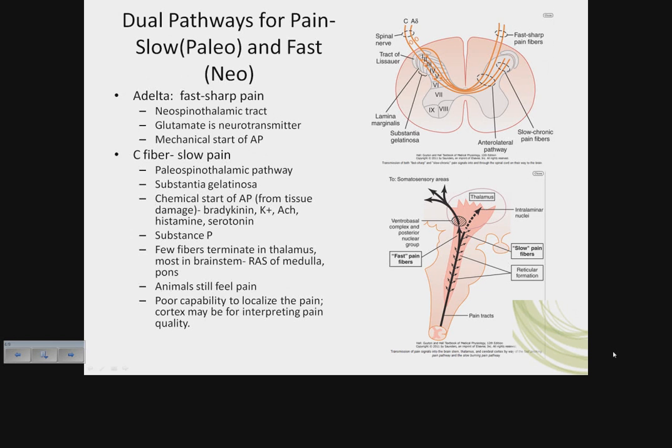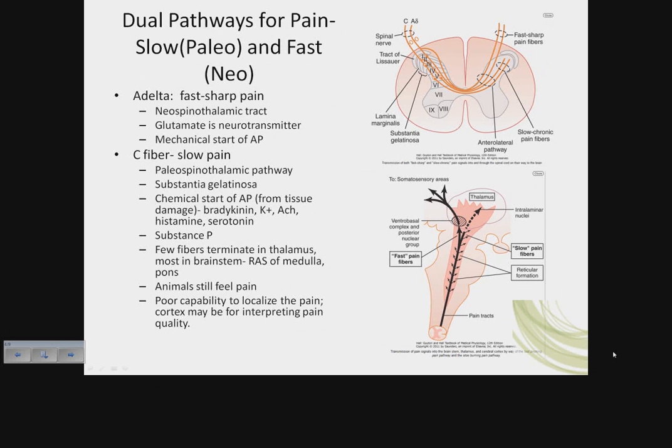So again, there's immediate crossing over, and this is very different than our posterior funiculus medial lemniscal pathway that we learned previously. Now, where do those second-order fibers go?